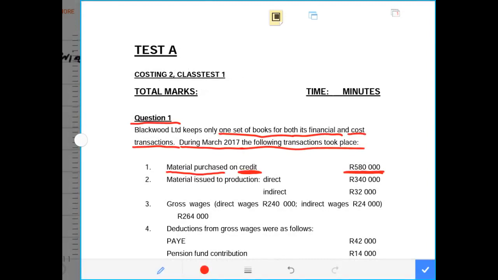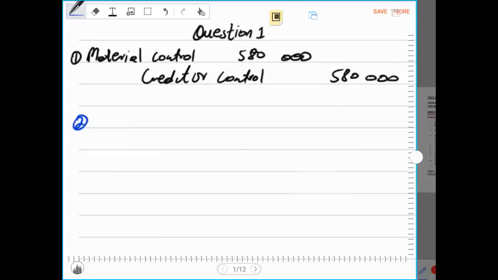Entry number 2 says that material was issued to the production department. Remember, we are taking material from the material control, from the material that we bought. When we bought material, our material control account increased on the debit side, and our trade payables increased on the credit side.